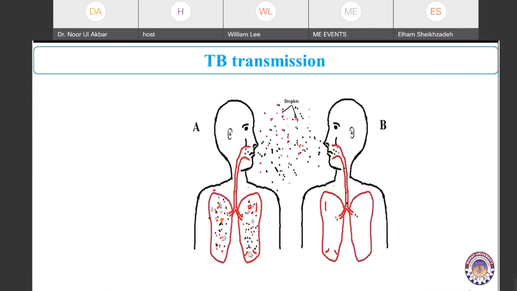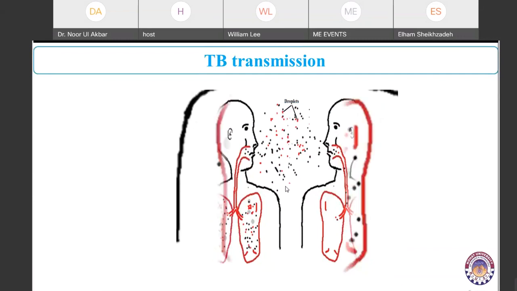TB is transmitted, as we discussed in the previous slide, during sneezing, coughing, and while talking, in the form of droplets, droplet nuclei, in the form of aerosols.